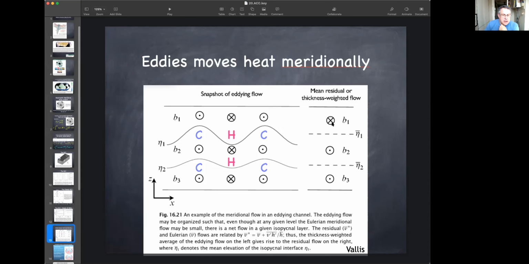Now, if you averaged in a thickness weighted flow, okay, this is a little bit complicated. If we don't average in horizontal slices, but we average weighting the thick part of each of these layers more than the thin part, then we would find that the net transport in this upper layer would be into the page because it would be dominated by this thick, hot region.